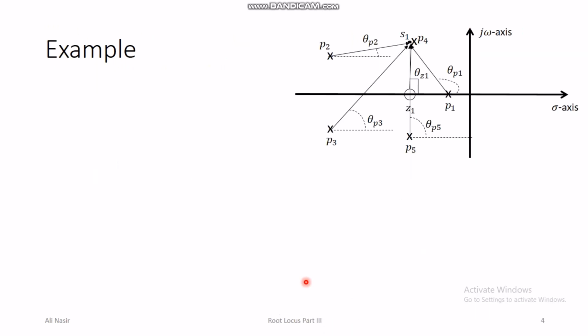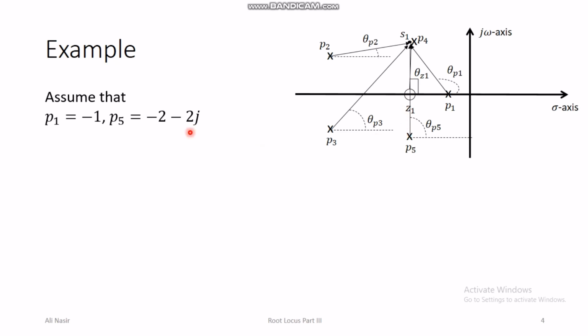For example, I have copied the same diagram onto the next slide. So we have theta p4 unknown here. Let's put in some locations. Let us assume that this pole is at -1, and this pole p5 is at -2, like this is -2j vertically and -2 horizontally.